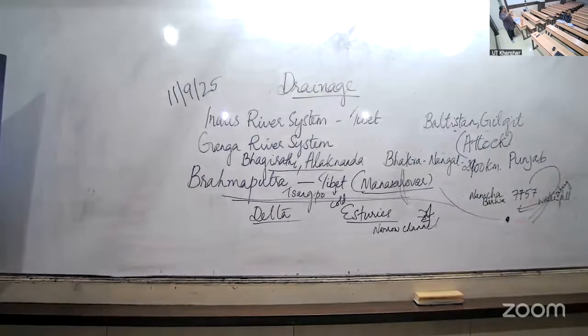So its tributaries are forming all those regions and it makes all that a basin. Clear? We can see the next period.